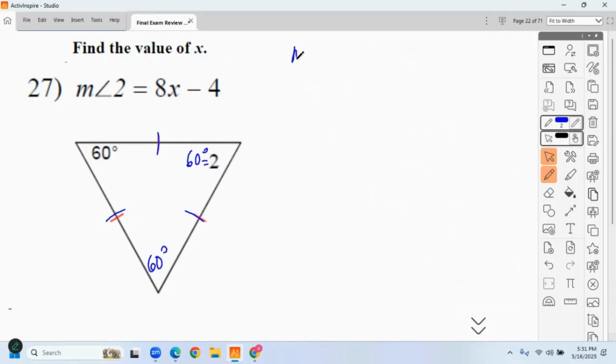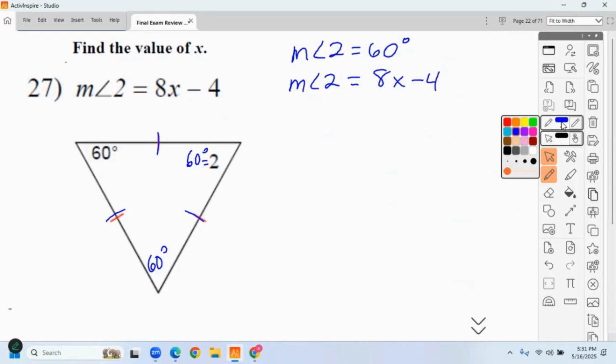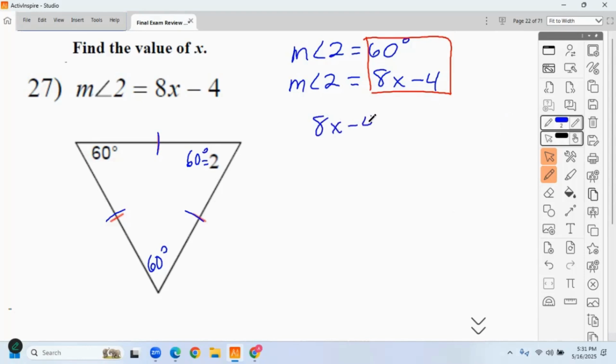So if the measure of angle 2 is equal to 60 degrees, and we got the measure of angle 2 equal to this, what you can do is compare these two. Maybe like a substitution. Some people might say this is similar to the transitive property. Let's go ahead and line these up here. They're both the same, so let's set them equal to each other.